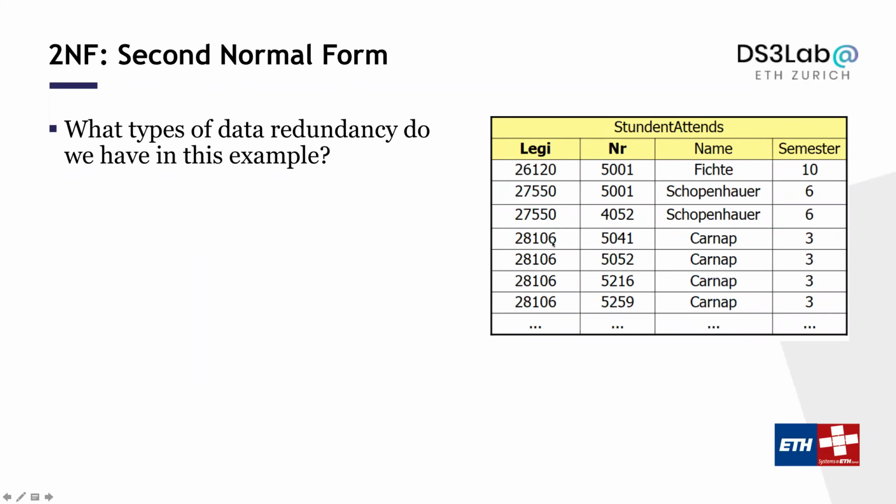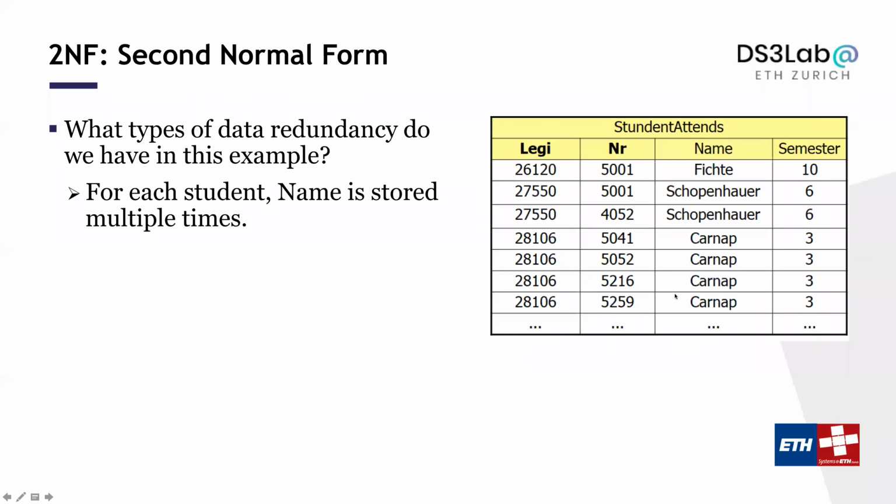Because the name of the student is independent from the lectures that the student took, I need to store the name and also the semester multiple times. How many times do I need to store them? That equals the number of lectures that student takes. So this is one type of data redundancy that you can see from this design.